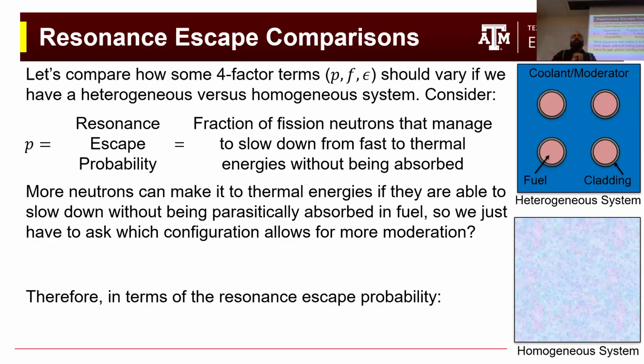So to know which configuration has a higher resonance escape probability, the main question is which configuration gives us more moderation, because that one will get more neutrons to thermal energies and correspond to a larger resonance escape probability. So which of these configurations, the heterogeneous or the homogeneous, is going to allow for more moderation?